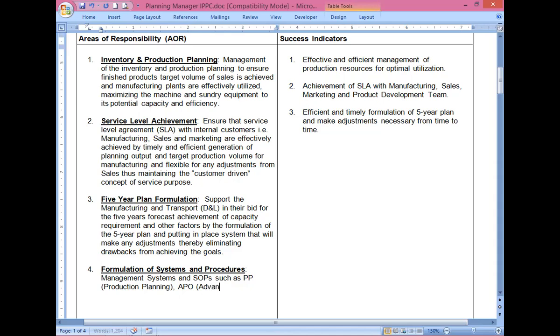That's common for supply chain terminology. If you are familiar with this, that's advanced planning optimization. I'm not going to teach you about that right now. This is another subject, another topic.